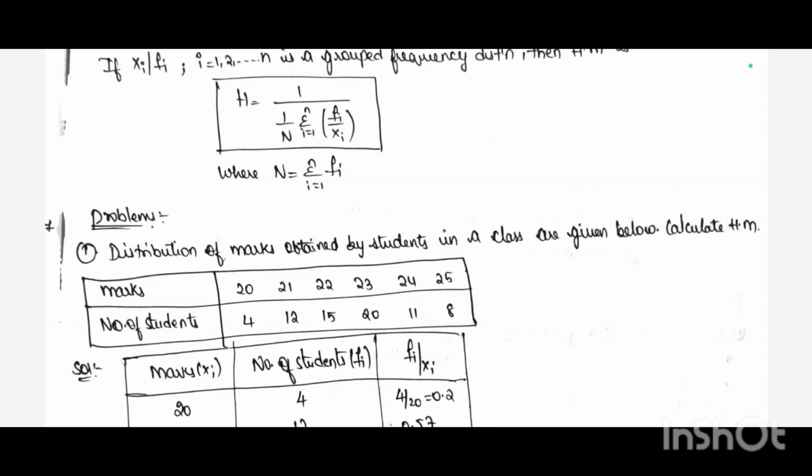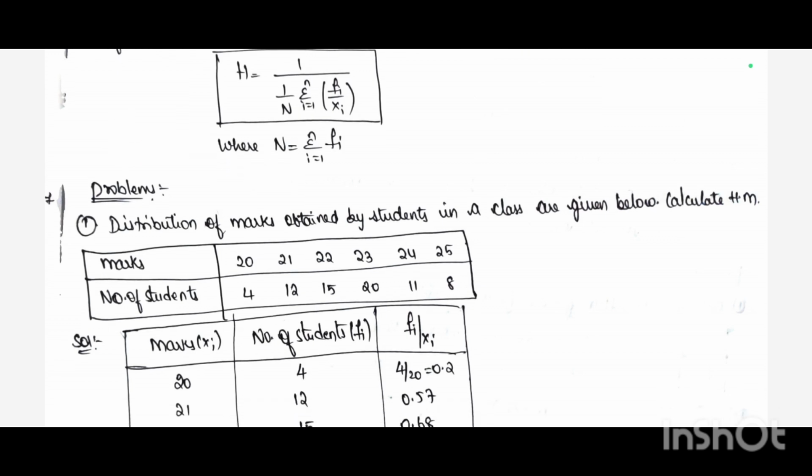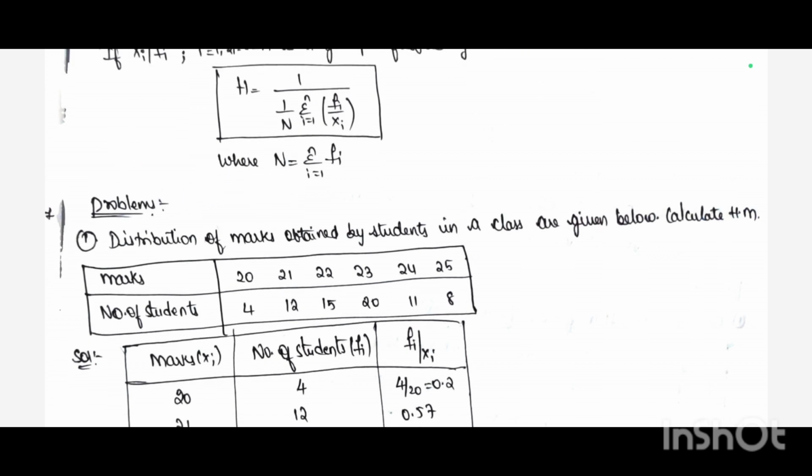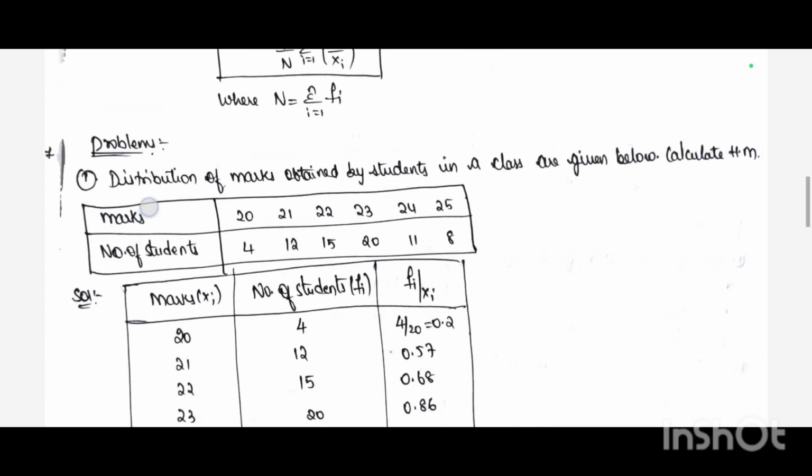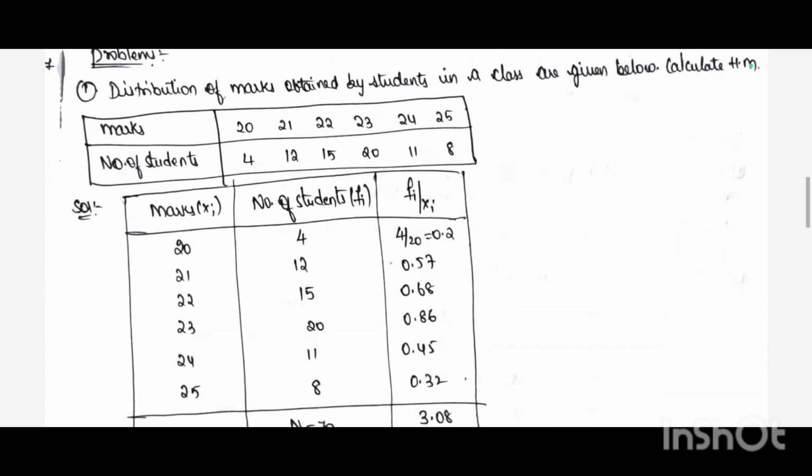So we see the distribution of marks obtained by the students in a class given below. Calculate the harmonic mean, marks and number of students. Okay, 20, 21, 22, 23, 24, 25, and the frequencies are 4, 12, 15, 20, 11 and 8. So we have to do fi divided by xi. That is 4 divided by 20, 1 divided by 5, that is 0.2.